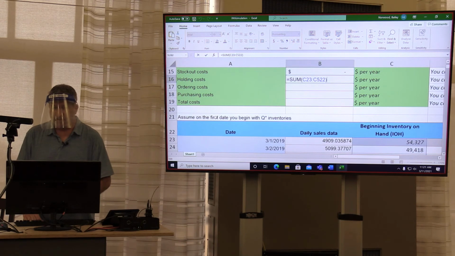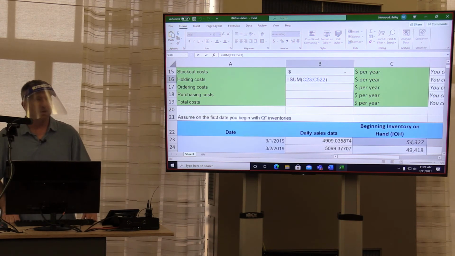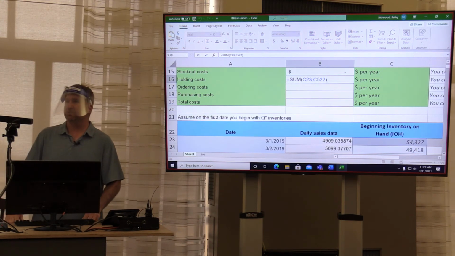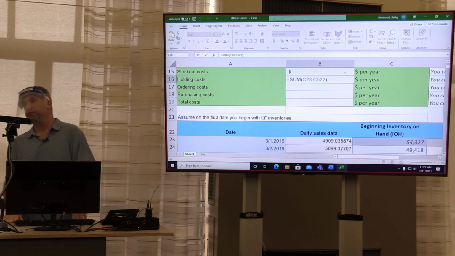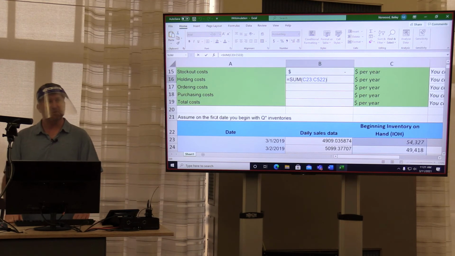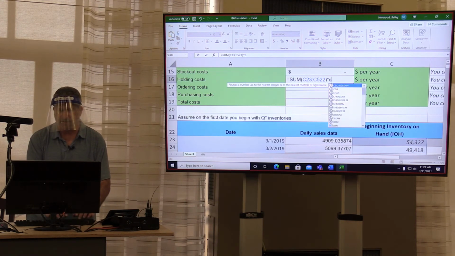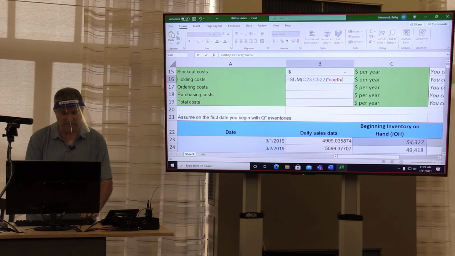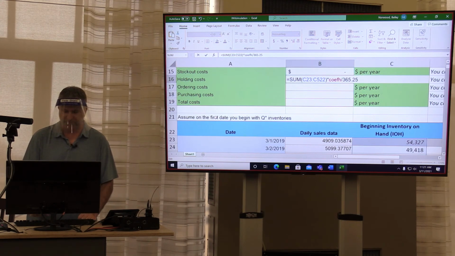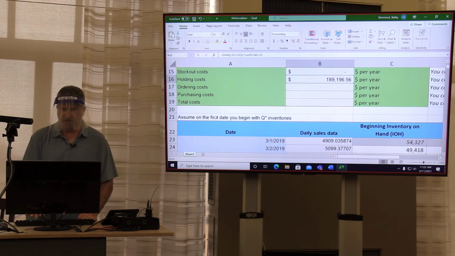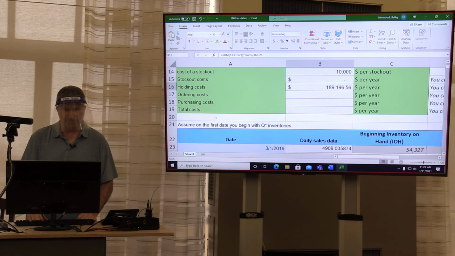Now, that H variable, holding costs, that was the cost of holding 1 unit for 1 year. So we need to multiply it by daily holding costs. So we just multiply it by the value of H divided by 365.25. And that gives us a different holding cost.